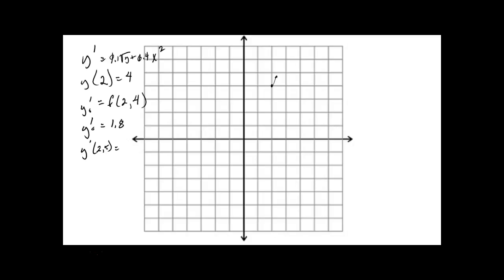So this will be square root of 5, times 0.1, plus 1.6. All right, 1.82. So that didn't change very much at all there.